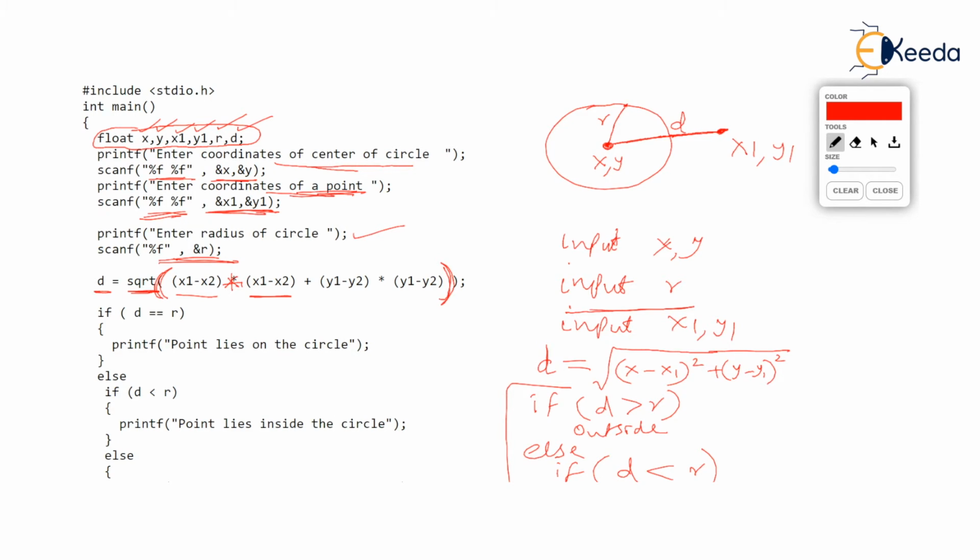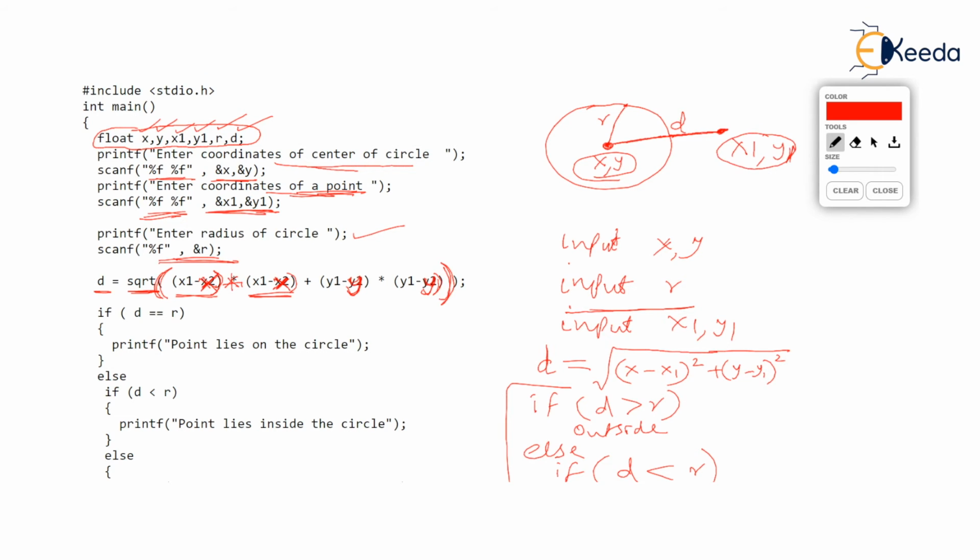Like that, x1 minus x the whole square will be written as x1 minus x into x1 minus x. I'm sorry for this, I'm so sorry, because x is the center, and it is x1 minus x. And this should be y1 minus y into y1 minus y. Okay, correct? Because we are finding the distance between x, y and x1, y1.